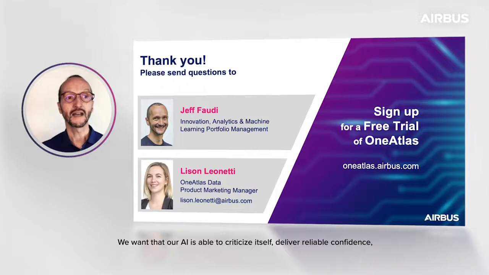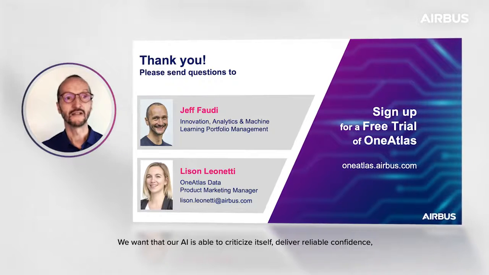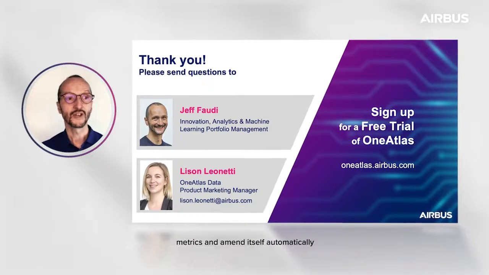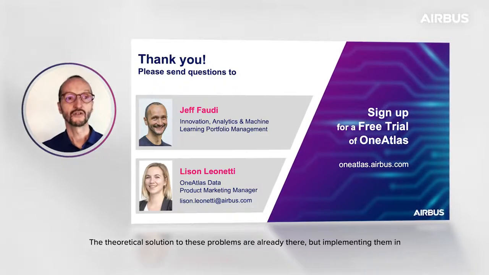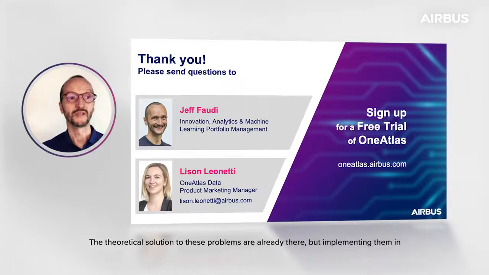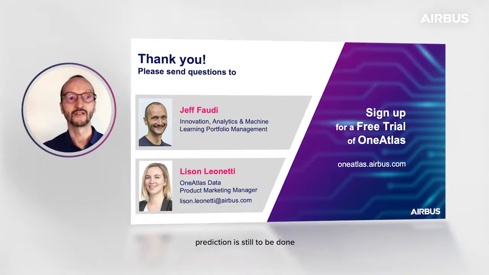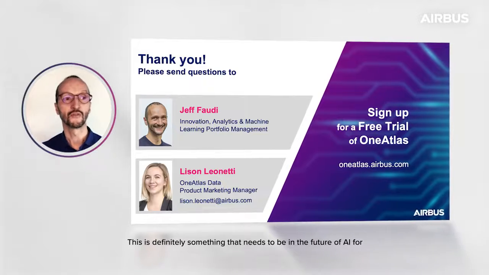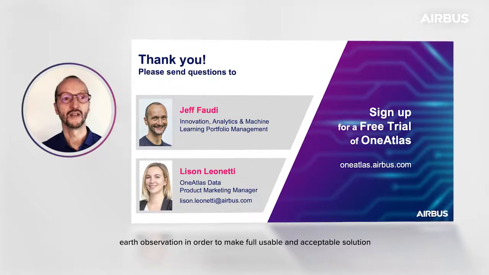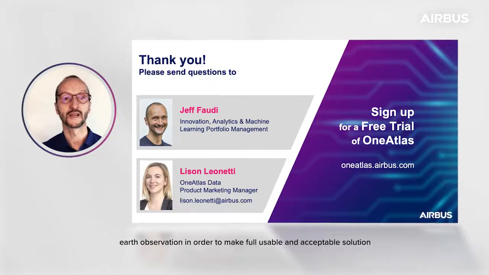We want our AI to be able to criticize itself, deliver reliable confidence metrics, and amend itself automatically. The theoretical solutions to this problem are already there, but implementing them in production is still to be done. This is definitely something that needs to be in the future of AI for observation in order to make a full, usable, and acceptable solution.